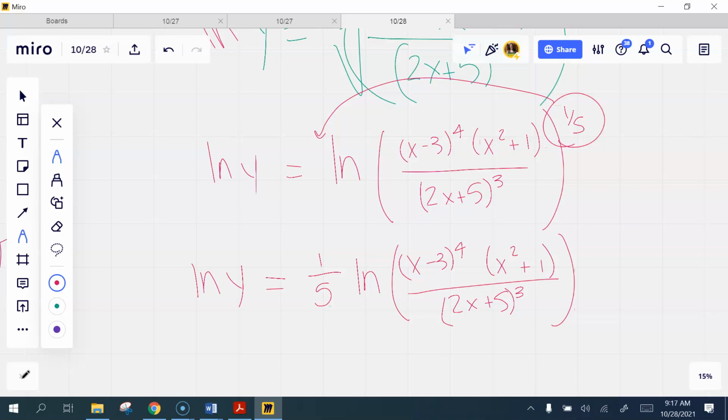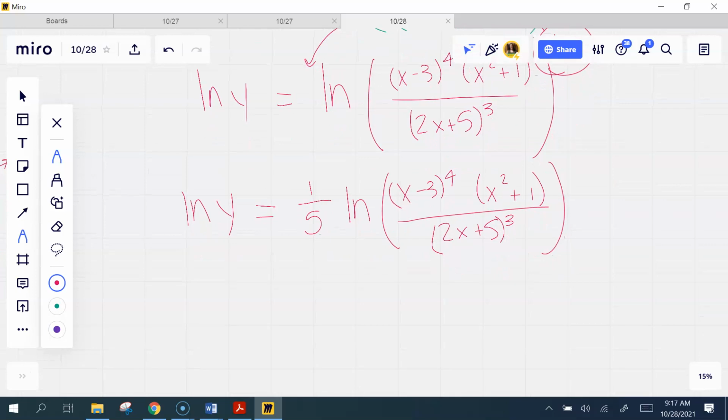Don't think derivatives right now. Right now, think algebra 2. I'm just going to expand this log as far as I can first. I haven't done the power rules. That was the property.